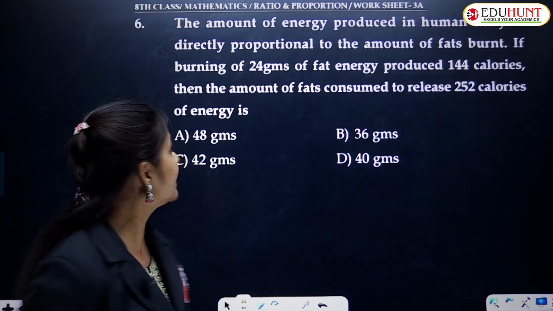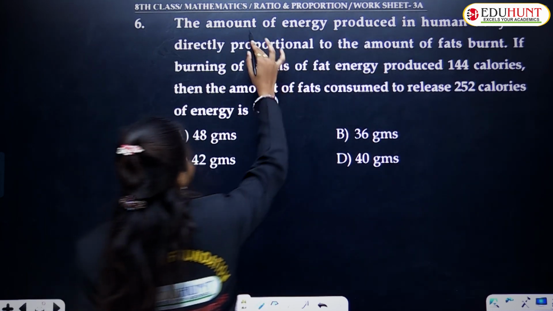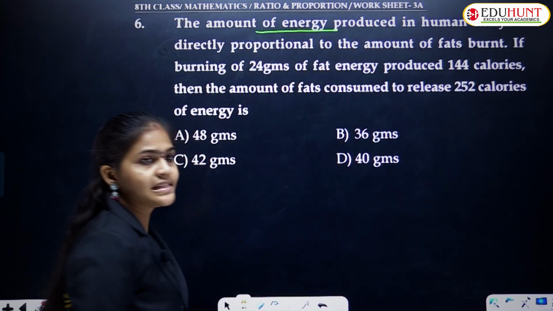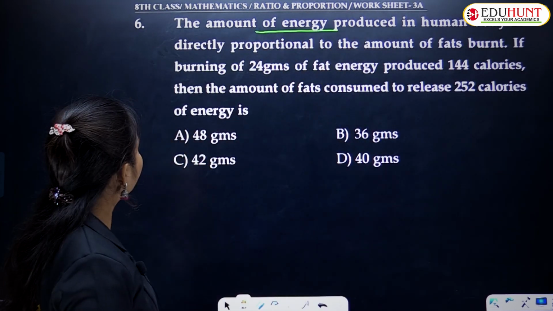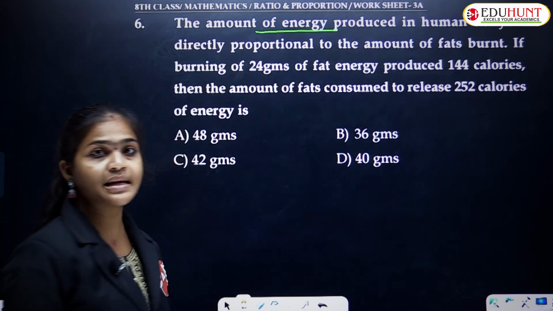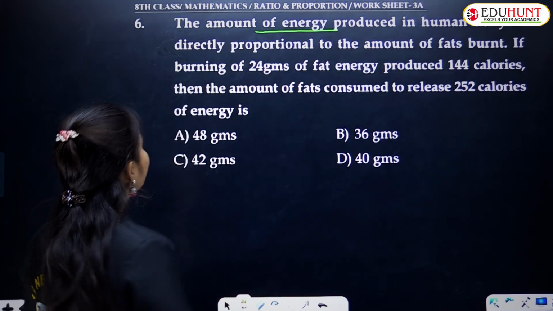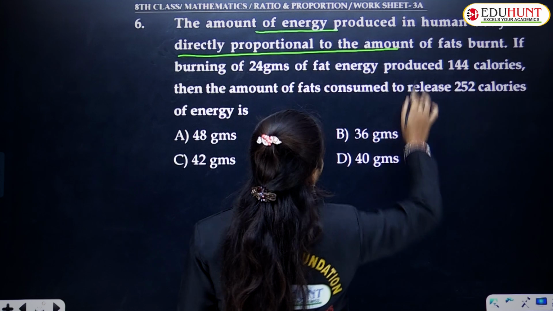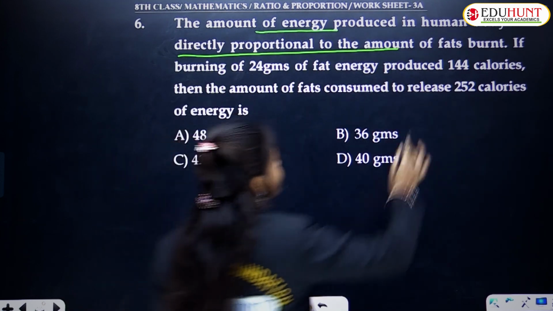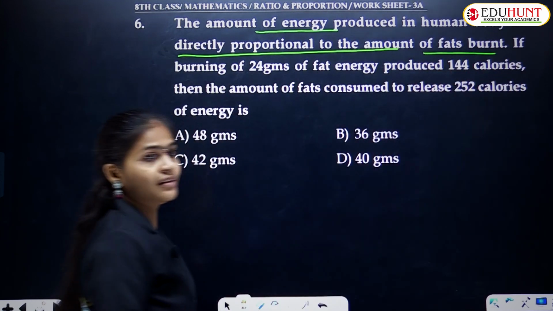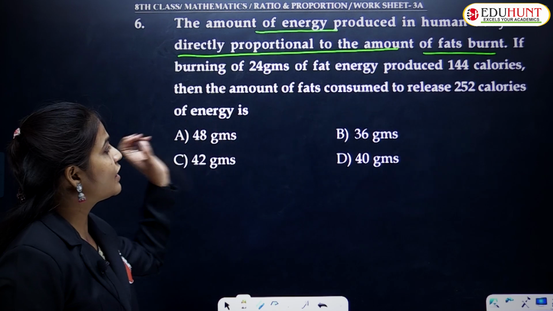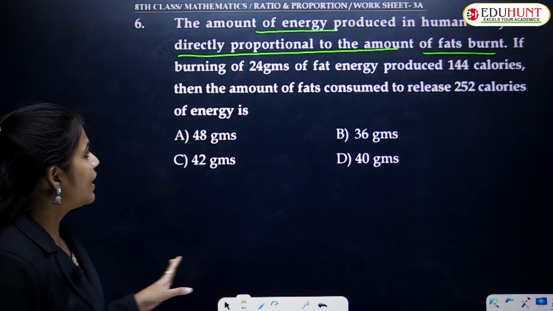Sixth question, what is that? The amount of energy produced in the human body is directly proportional to the amount of fats burnt. Fats burnt means the calories being lost.